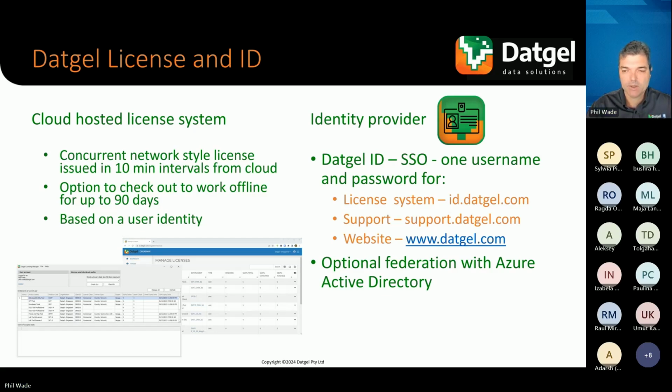The way to make a user account with Datgel is to register on www.datgel.com. If your company has licenses in your country, because you'll have to put your address in, you will be automatically added to that site and be able to access the full version licenses.